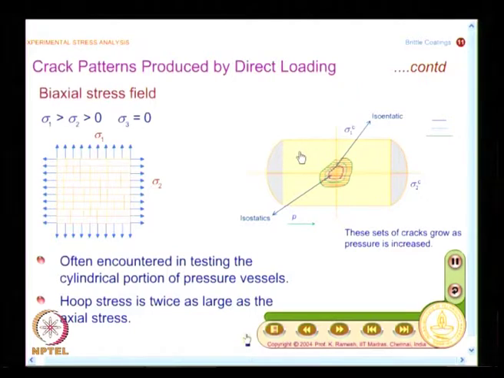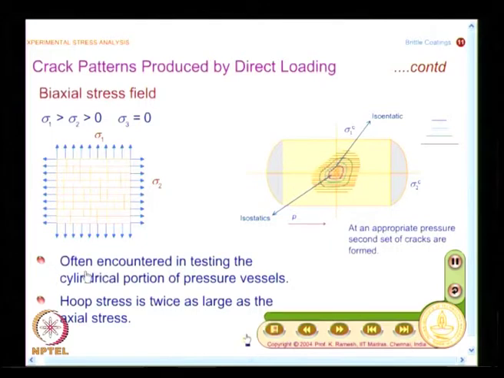Otherwise, you will have cracks all over the pressure vessel. It is localized mainly because you have some sort of stress concentration there. So, this kind of a biaxial stress field is often encountered in testing the cylindrical portion of pressure vessels.